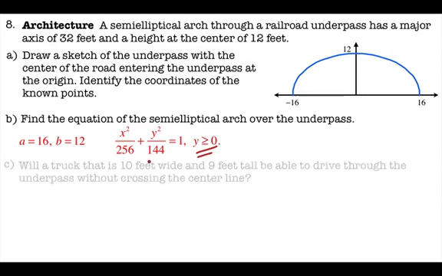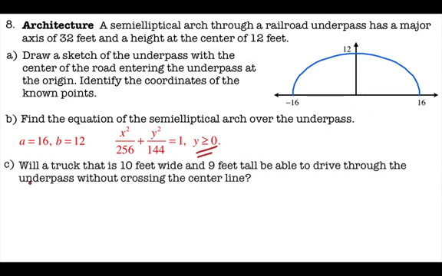So then let's go to part C. It says, will a truck that is 10 feet wide and 9 feet tall be able to drive through the underpass without crossing the center line? So here's your center line, and here's a truck that is 10 feet wide. Let me just approximate.